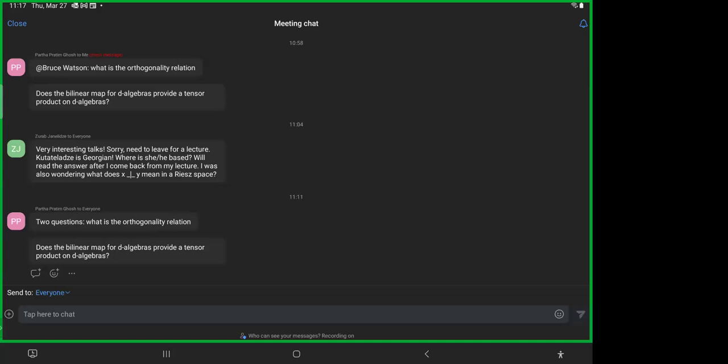The first one is: does the bilinear map for D algebras provide a tensor product on the D algebras? Is there a connection between your bilinear maps there and tensor product? So we know that the tensor product of D algebras is again a D algebra.